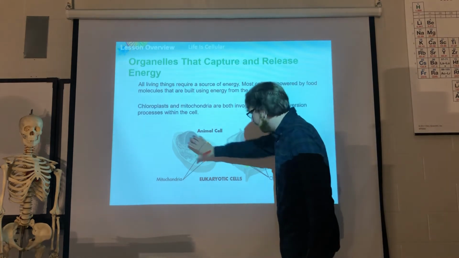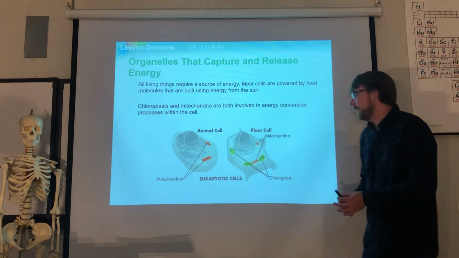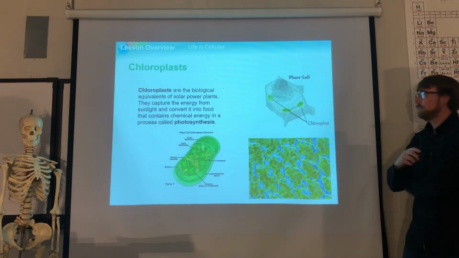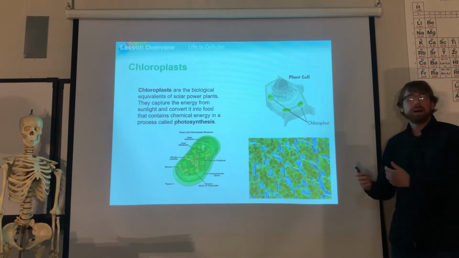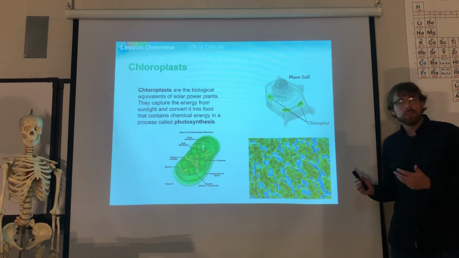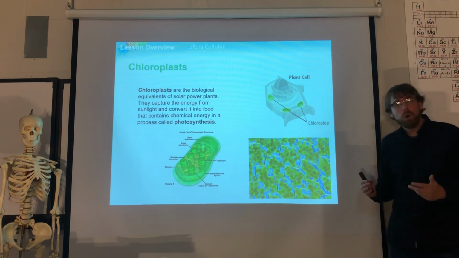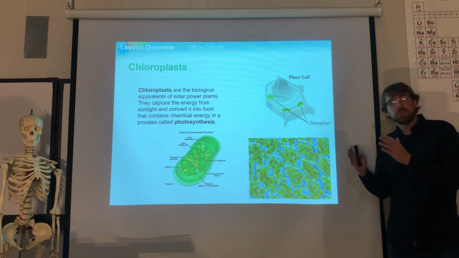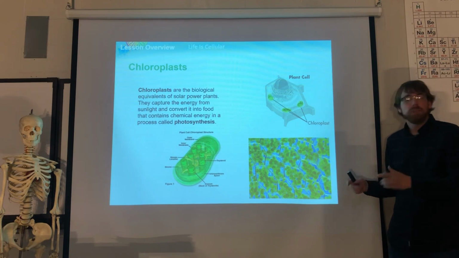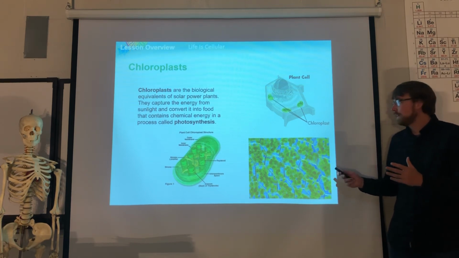Animals have mitochondria; plants have mitochondria, and they have chloroplasts. Chloroplasts are the biological equivalent of solar panels. They do the reaction of photosynthesis. They take in carbon dioxide and water, and they produce sugars and oxygen. Those sugars are storing the energy that is used by life.